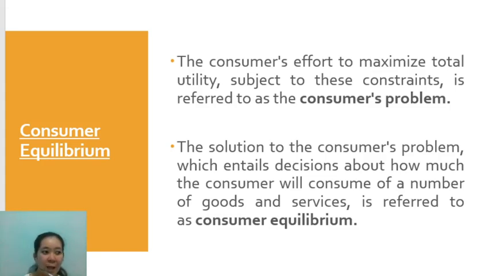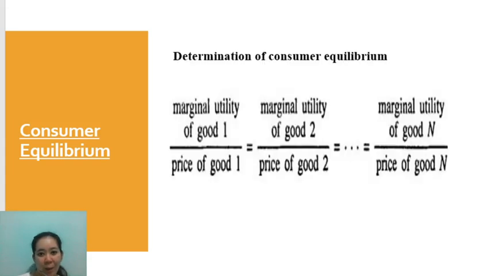Meaning to say, this is where the level of their demand and the number of goods and services being purchased are settled without having a problem in terms of their income and the price. That is what we call consumer equilibrium.